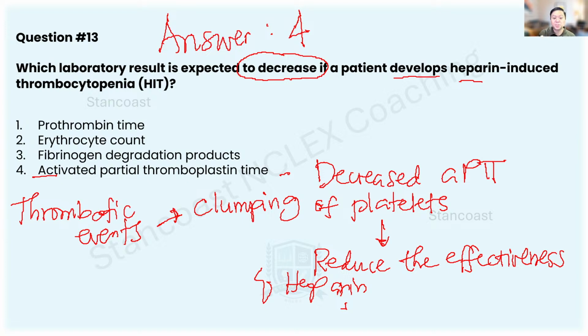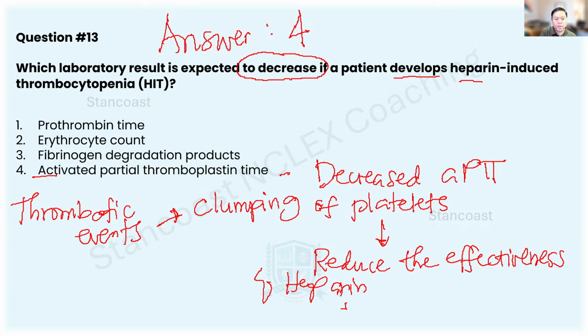It will just worsen the situation, okay? If we attempt to give them more heparin because it's calling for a higher dosage, no, it's just gonna make things worse. It will just lead to some more activation of the platelets. There will be more thrombotic events that can happen.